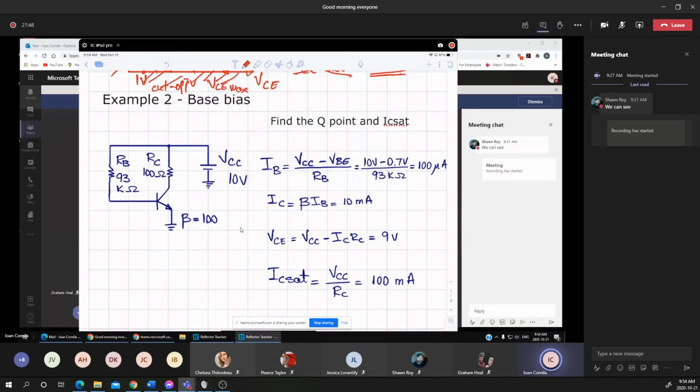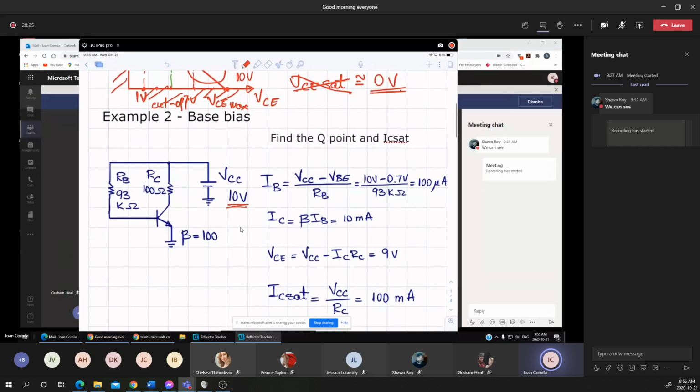I mentioned that because VCC is usually a large voltage, 5, 10, 20, 50 volts and so on. RB is a pretty large resistance, tens or hundreds of kilo ohms. So in the lab, you may see me using 200, 300, 400, 600 kilo ohms, because the voltage supplying the collector and the base is pretty large.